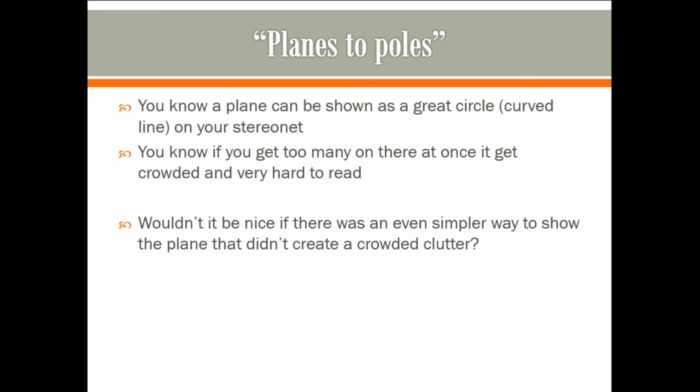Unfortunately, if you get much more on there than what you did last week, where you had like 4 curves on the same thing, it starts getting confusing. And some of you were like, oh, am I looking at this one or am I looking at that one? Because the curves were close to each other. And when you went to label them, it was easy to make a mistake. So it can get really crowded.